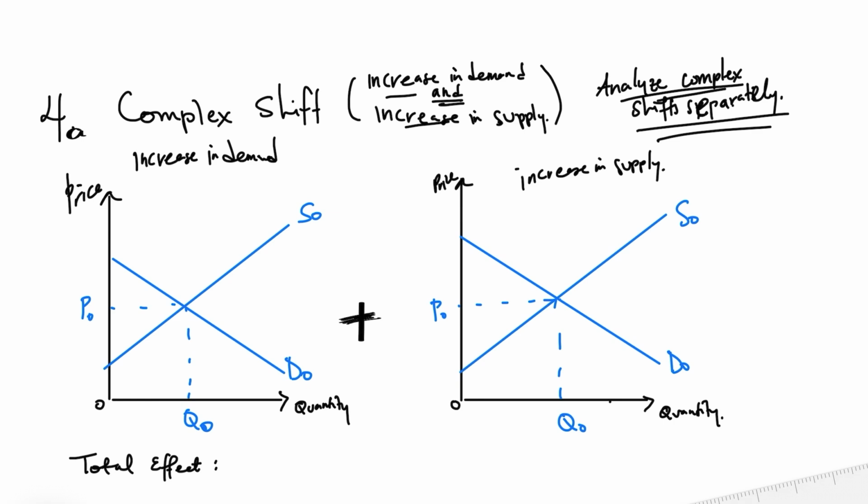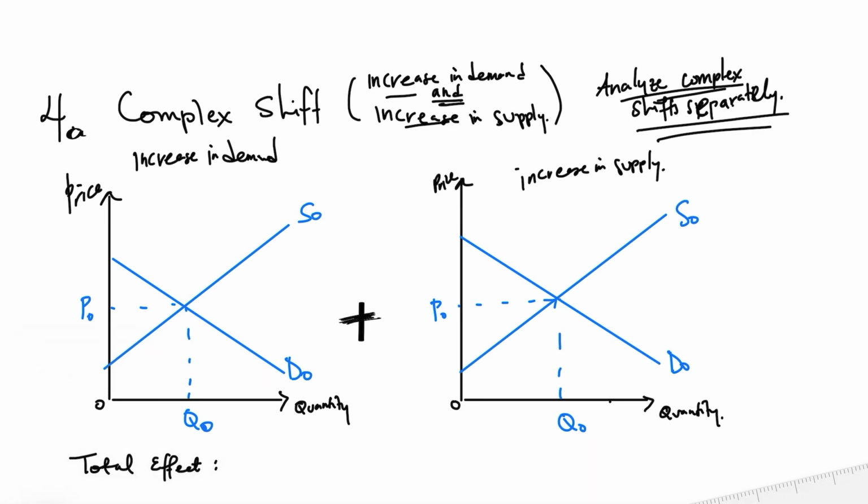The first one is we see an increase in demand and an increase in supply. So what is happening here is we are going to put the increase in demand and increase in supply together and look at the total effect on the equilibrium price and the equilibrium quantity, which is why I put this plus sign here. Okay.